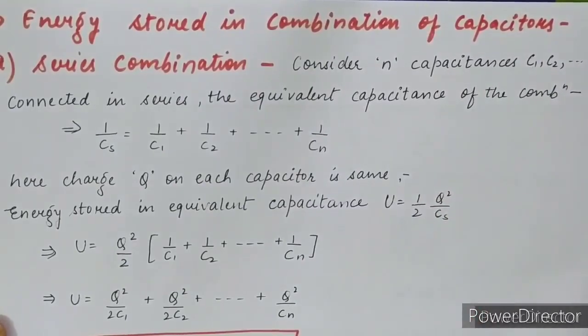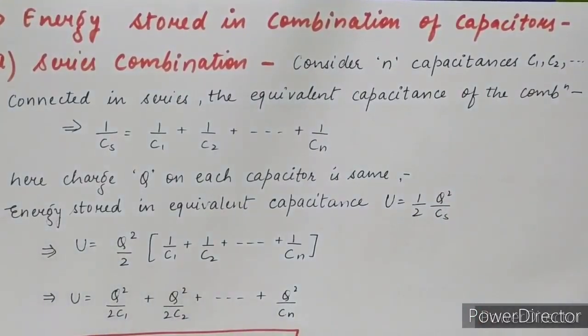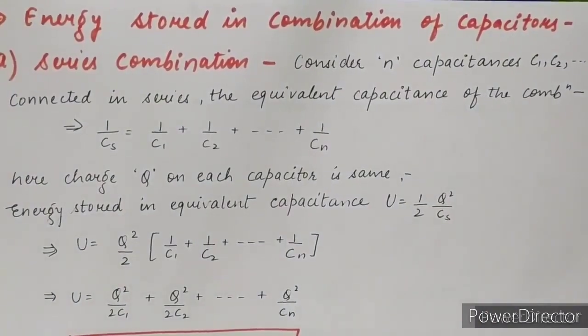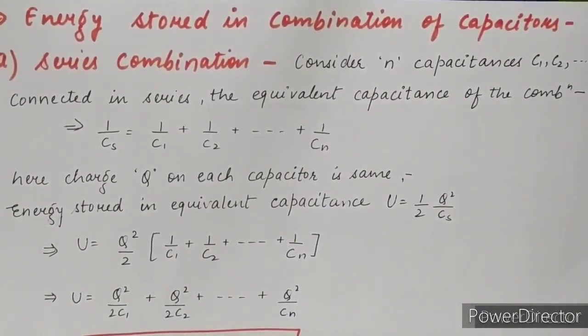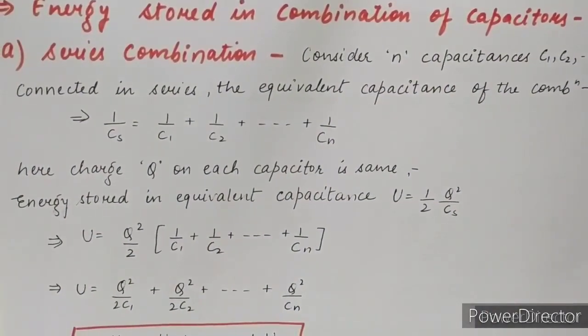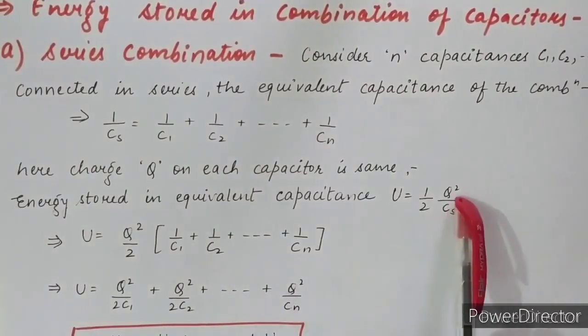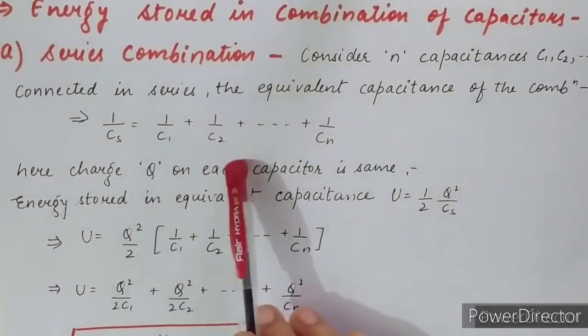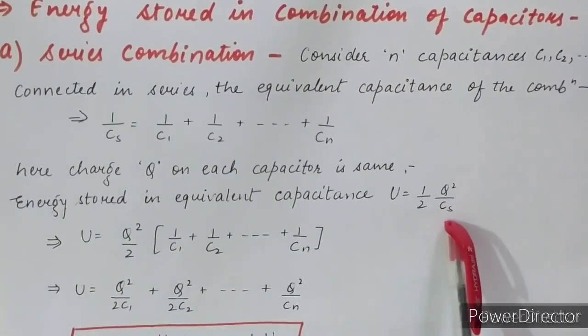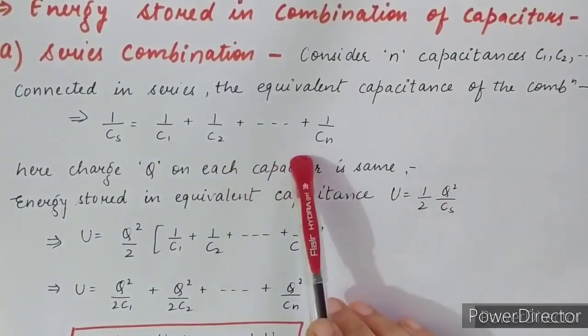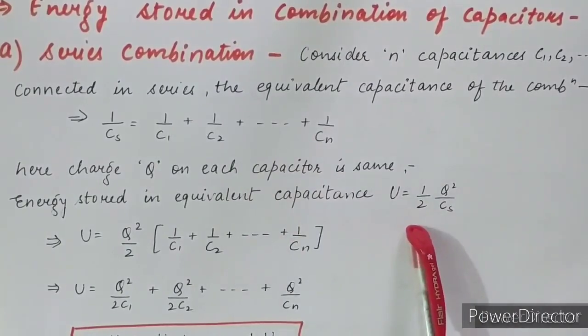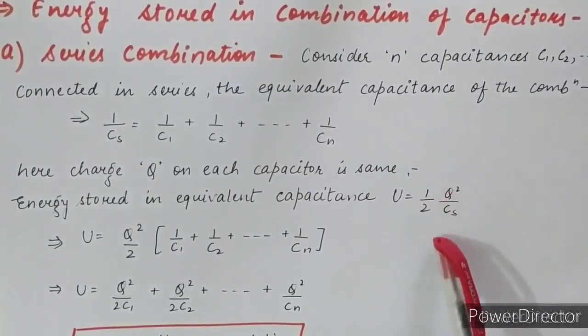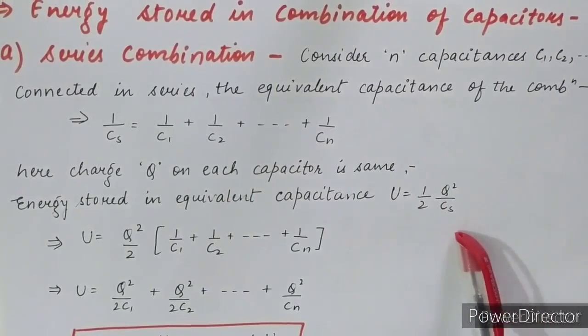Among the three formulas, we have to choose one, and it depends completely upon which values are provided to us. Here the charge remains the same and Cs is the equivalent capacitance in series combination, so we use U is equal to half Q square upon Cs.